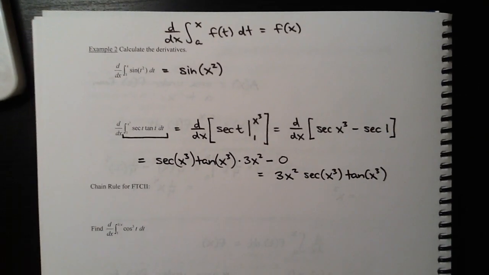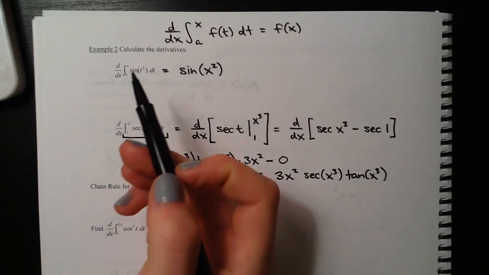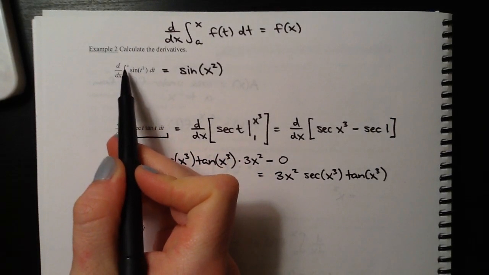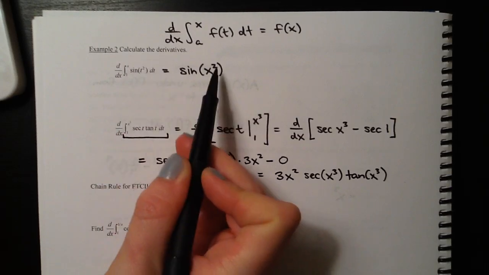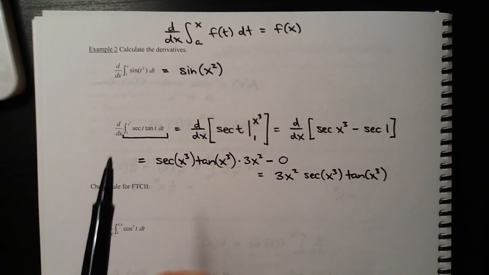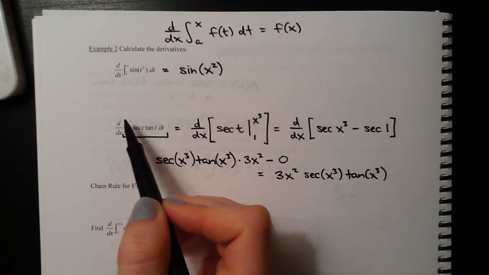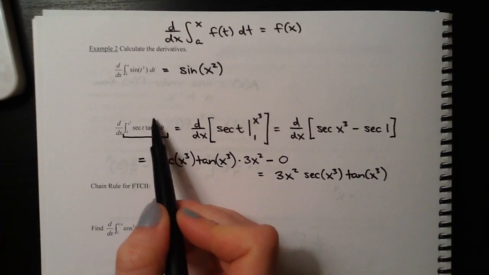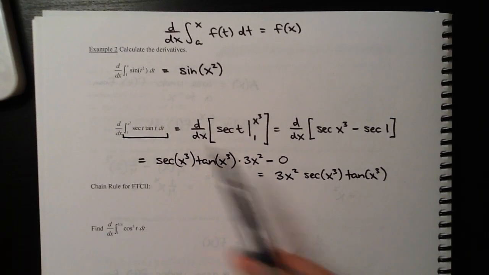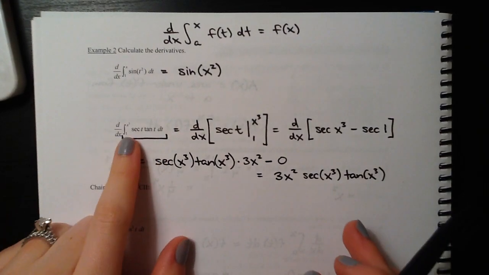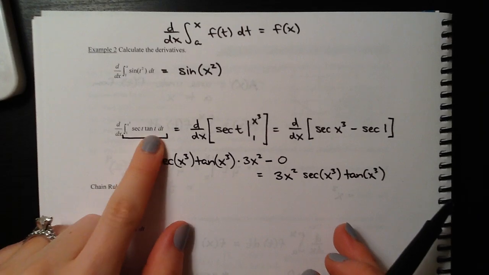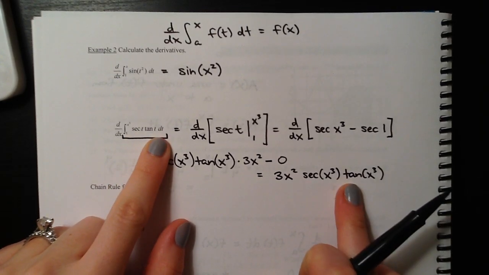Okay, so I want to compare these two examples here. This one had x as an upper bound, and so all I did when I took the derivative of the antiderivative was sub that x right in here, and this is what I got. This one, because I had a fancier upper bound, not just an x, ended up being this. It's pretty close to what I have up here. I did take the x cubed and plug it in for t right here and right here.